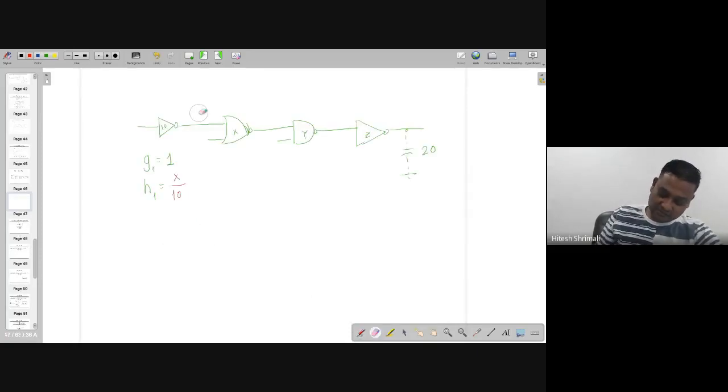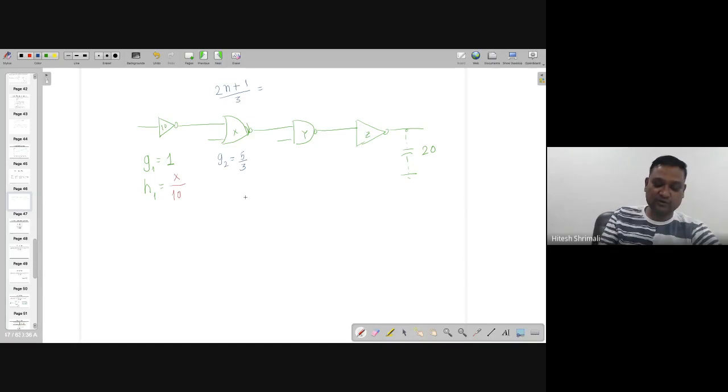Now we can look at the second part, which is the NOR gate. As this is a NOR gate, we remember that its logical effort is equal to 2n plus 1 by 3. There are two inputs, so this is going to be equal to 5 by 3.